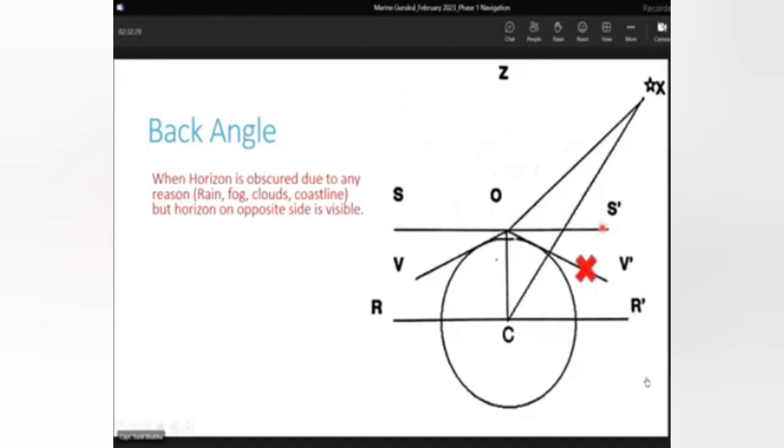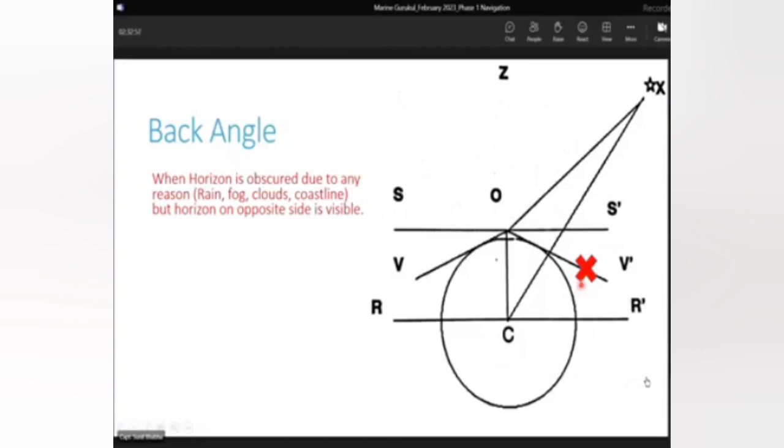Now the situation is such that in the direction where the body is, you see this body X is in this particular direction. In a normal scenario, we would have used the visible horizon OV dash to obtain its altitude. But the situation is such that this particular horizon is not visible to us. There may be coastline, rain, fog, clouds as discussed earlier.